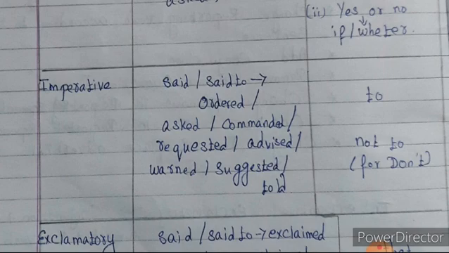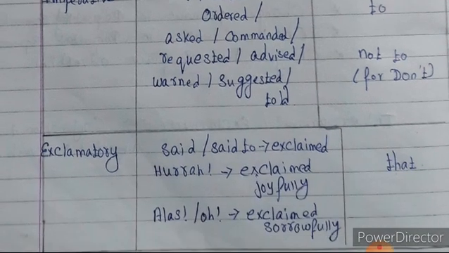According to the content, you have to frame the reporting verb, and you can use the conjunction word as to, and not to for don't. If it is a negative thing, you have to use not to. For don't, if the direct speech is mentioned as don't, that is a negative point, you can write the conjunction word as not to.